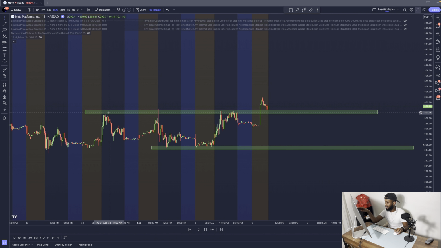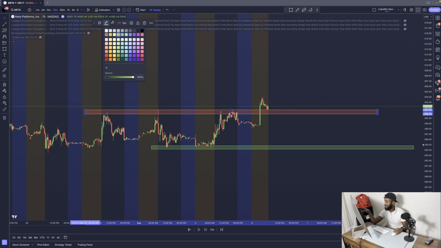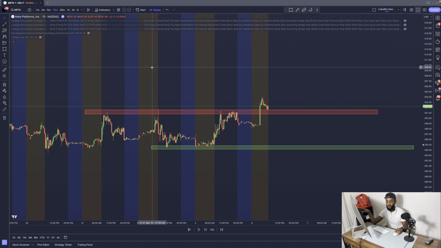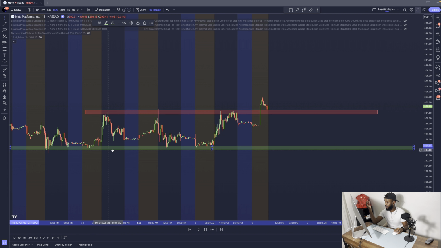This area of resistance or prior resistance is what you would call an area of supply. Price failed to break out of this. Buyers found this to be too expensive and they were not able to break price above this range, and vice versa. This area was an area of high demand.